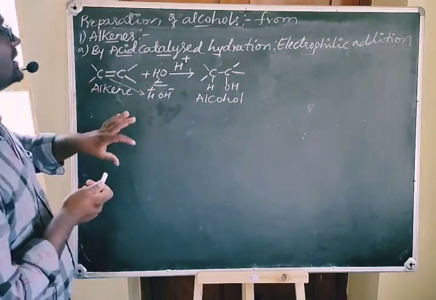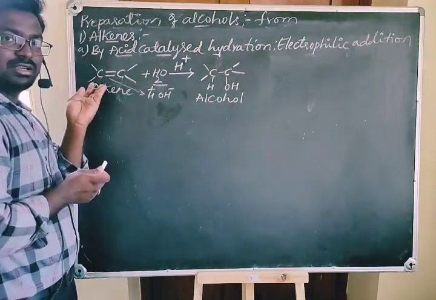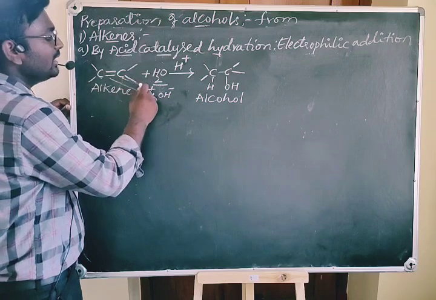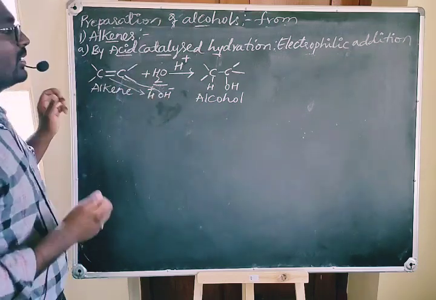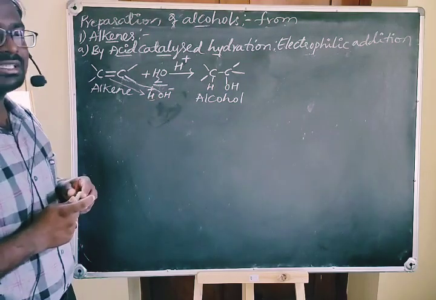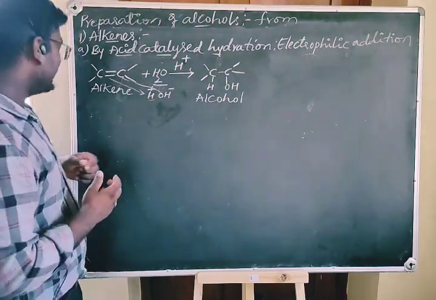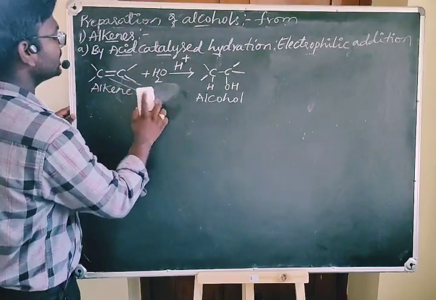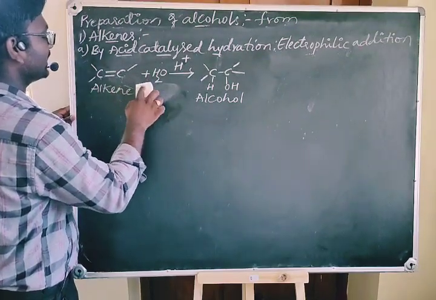Therefore this is called electrophilic addition, and later the nucleophile OH minus will attack the other carbon. But first, which one is attacking? The electrophile H plus ion is attacking, therefore it is called an electrophilic addition reaction.